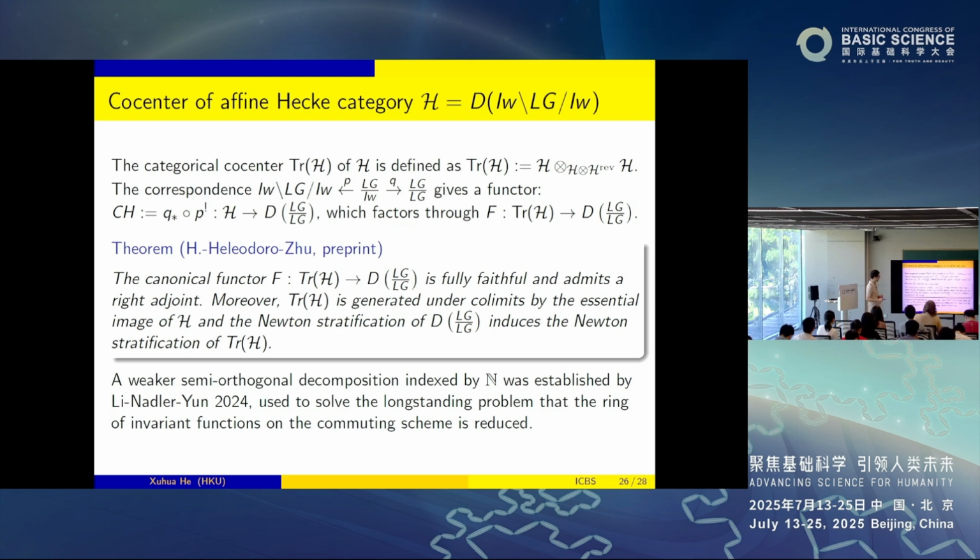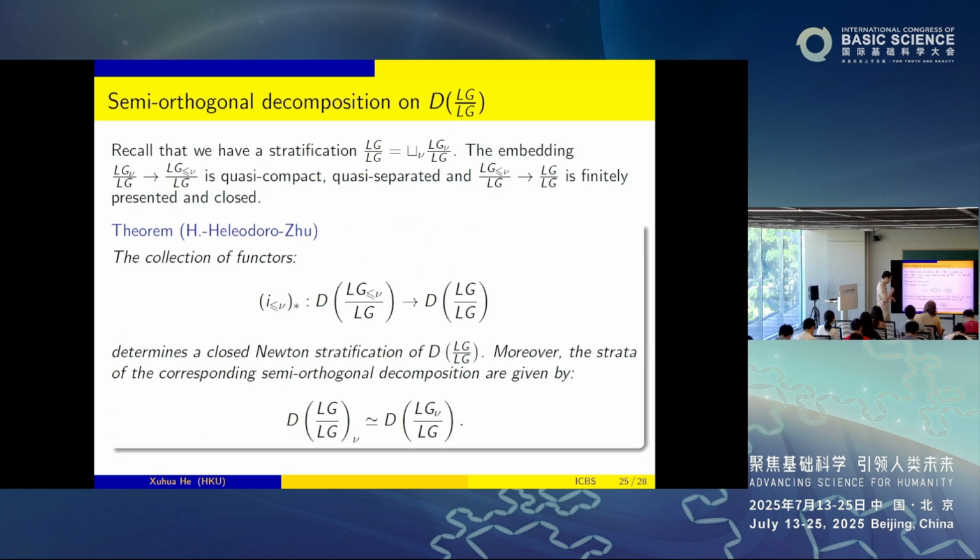We have this Newton stratification, and what we can say is that each Newton stratum is in fact the Newton stratum for the Newton point equal to 1, corresponding to some inner forms of some Levi subgroup.